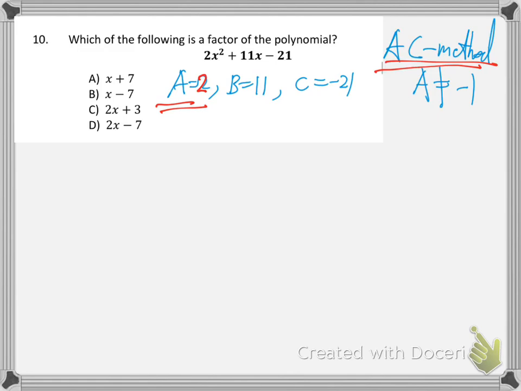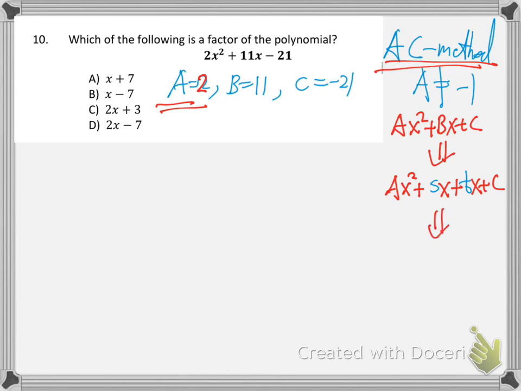So the whole idea is we change this quadratic polynomial ax squared plus bx plus c to a 4 terms polynomial. So we change this to sx plus tx plus c, and then we use grouping method to factor it.